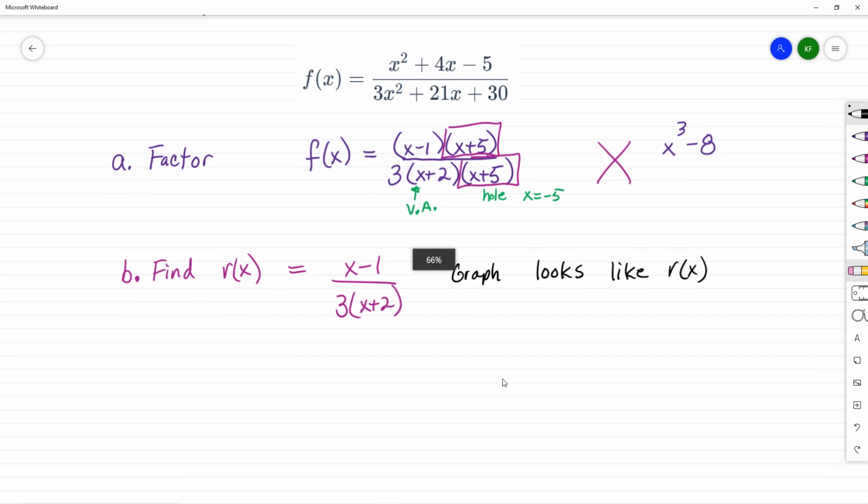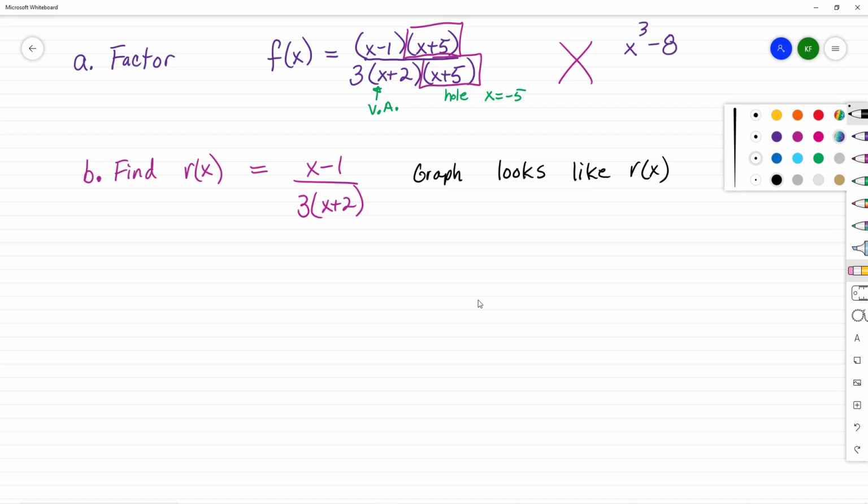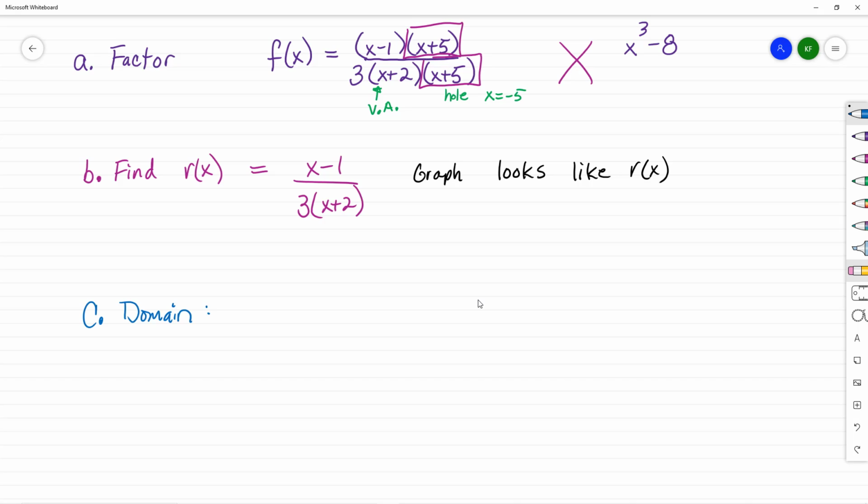Right, so the next thing you're going to be asked to do is find the domain. And that's why I just said doing a little bit of notes ahead of time is going to really help. So C is find the domain. So where are the breaks in the graph? We know that this graph cannot be -2, and there's a hole, so it cannot be -5.